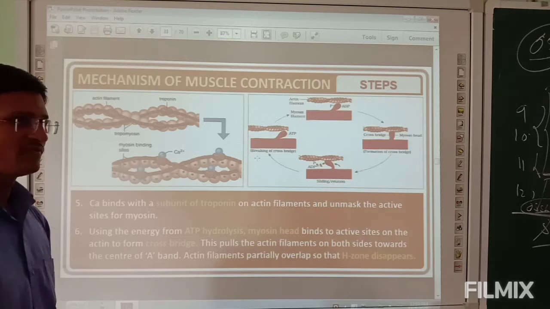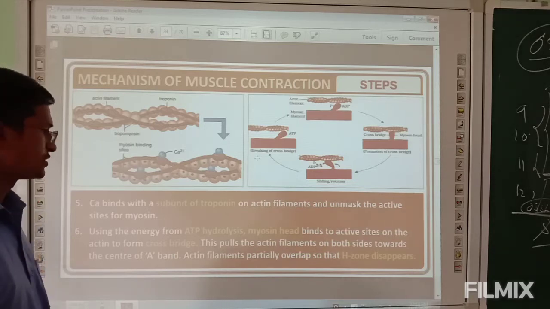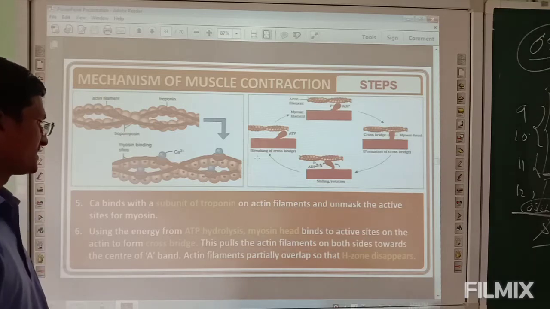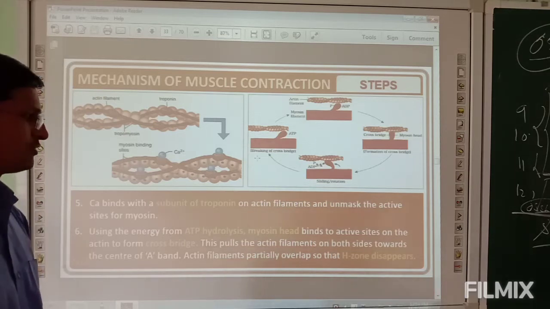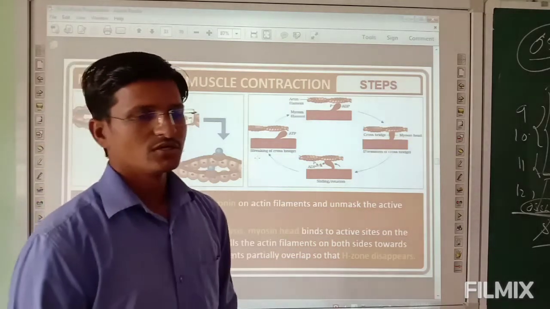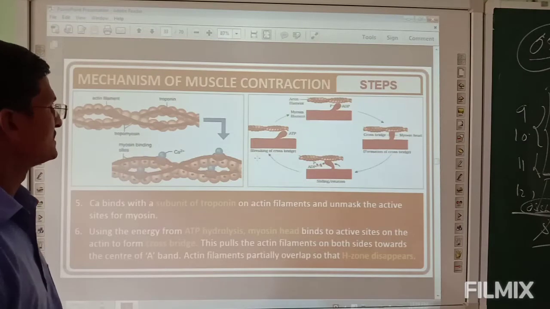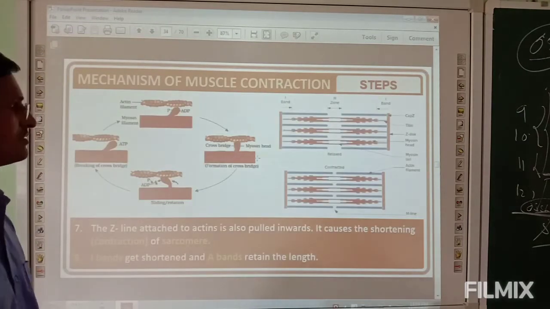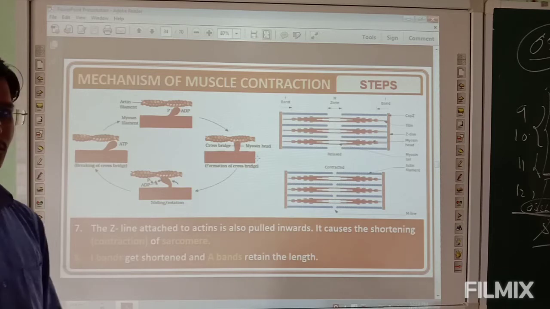This pulls the actin filaments on both sides towards the center of the A band. The actin filaments partially overlap, so that the H zone disappears. That is the reason. These are the steps for muscle contraction.